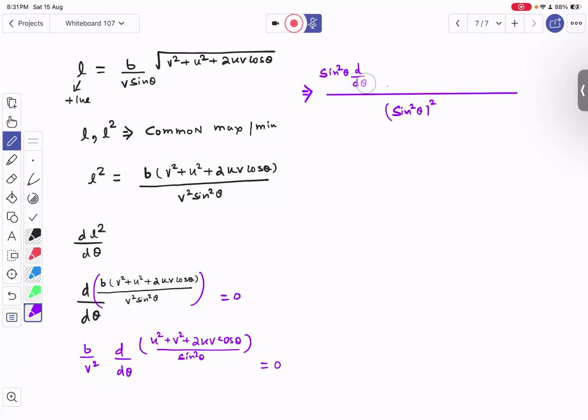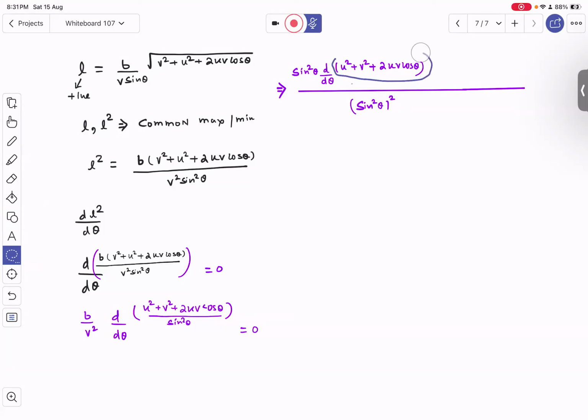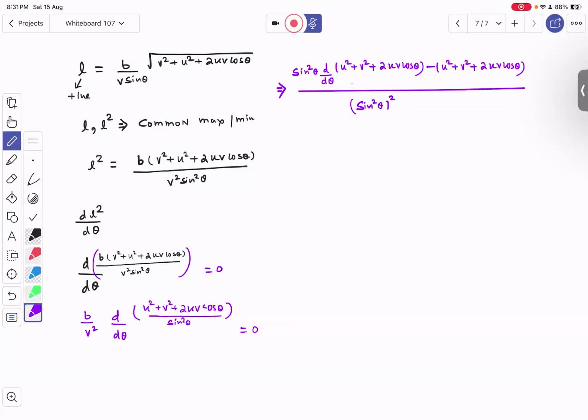That will be d by d theta of u square plus v square plus 2uv cos theta. And after that, we keep the numerator as it is. We multiply it with the differentiation of the denominator. So minus of the numerator into differentiation of denominator.